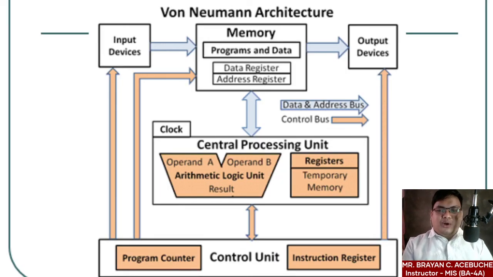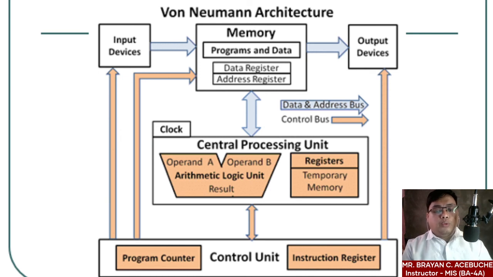Okay, so thank you for watching the video on computer architecture. Now, every computer has to follow a computer architecture. And one of the most popular computer architectures is what we call the von Neumann architecture.